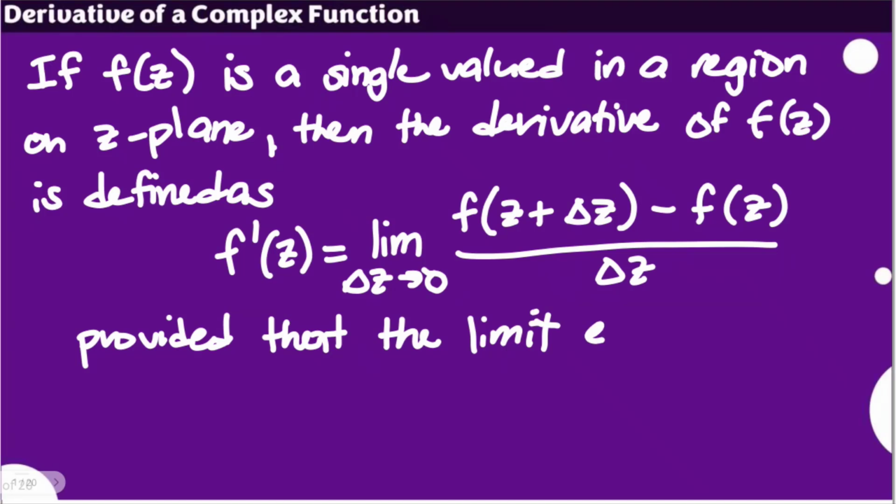Definitely, it should start on understanding that the limit exists, and if the limit exists and it follows this specific idea or perspective, then that is equivalent to the derivative of our complex functions.